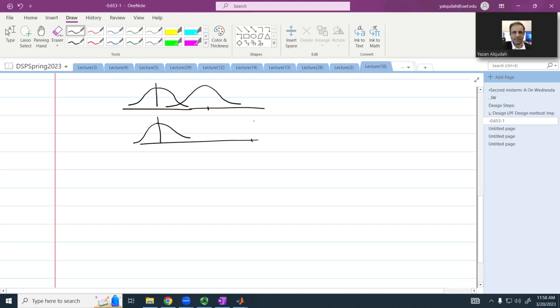Now the replica is much, much farther away, and therefore the impact of it is minimum. If I go this far from the frequency, the gain, or the amplitude, is very small. It's not impacting the main one. Here, they're very close. They're going to have big aliasing.